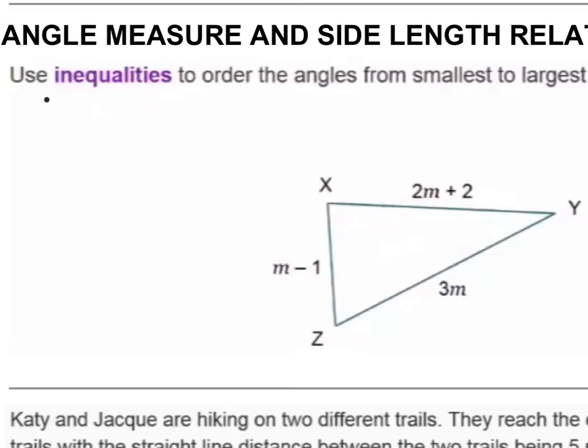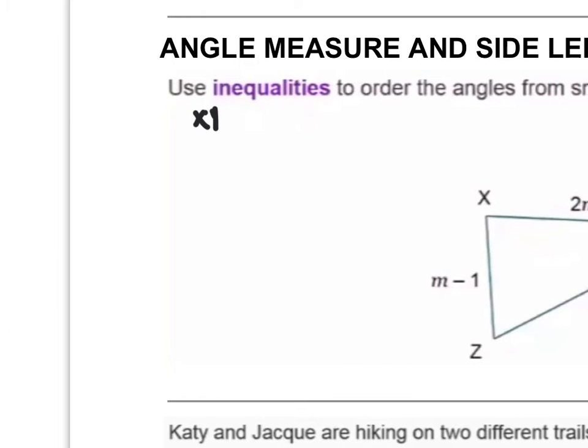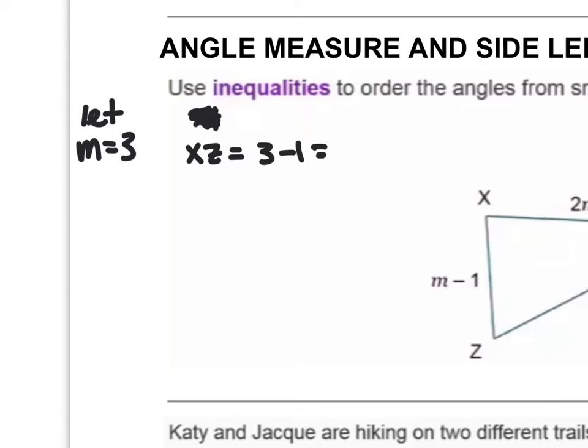So let's do this. Let's find out what XY is. First of all, let's let M equal 3. So if I look at XZ, let me just rewrite this. XZ. If we let M equal 3, then I'm going to plug in 3 for M, and so I get 3 minus 1, which is going to give us 2.